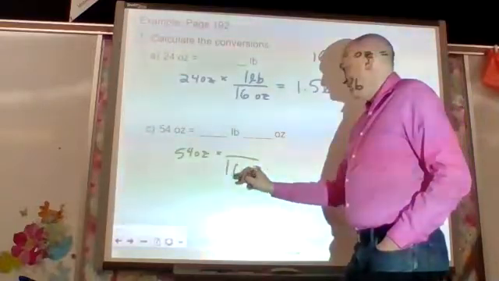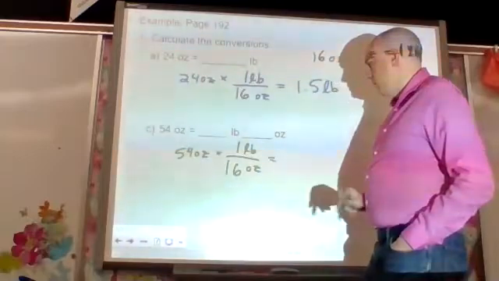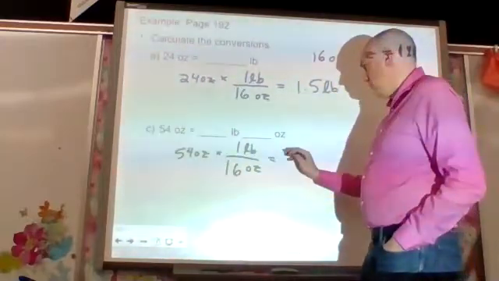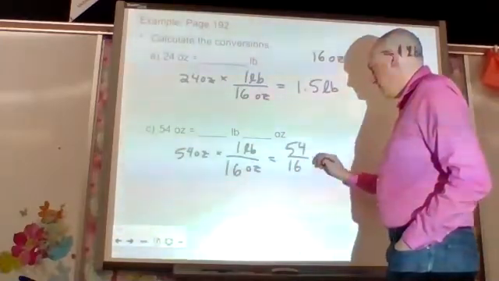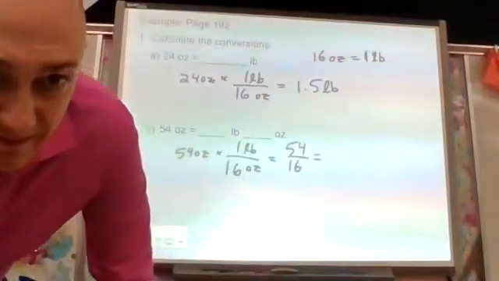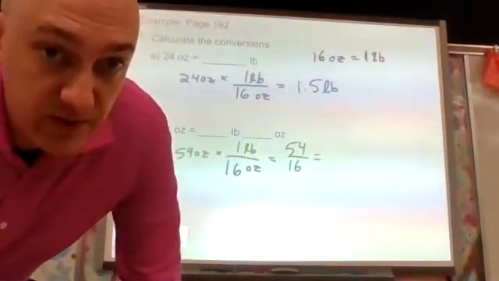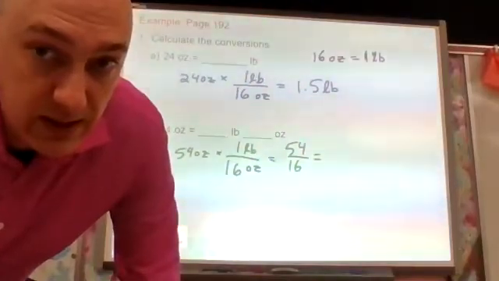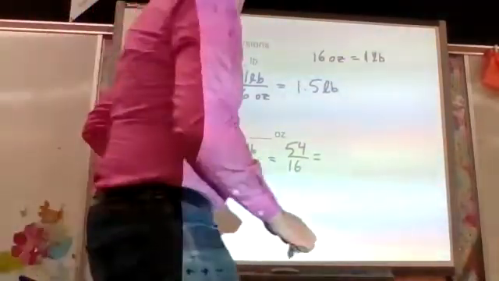And that means we put our 16 here, and we put our 1 pound up here, and we get 54 over 16, which is 54 divided by 16 is 3.375.